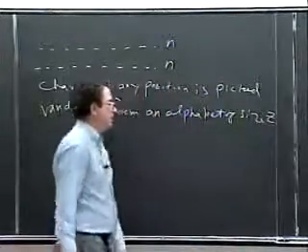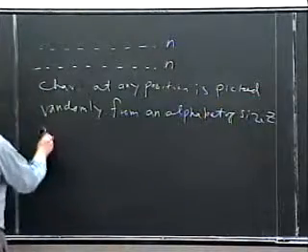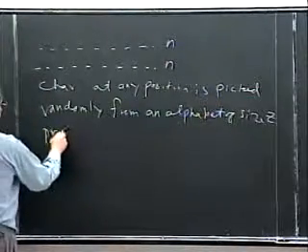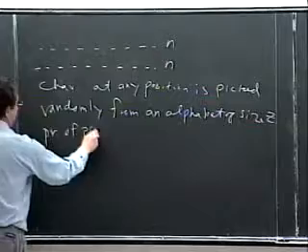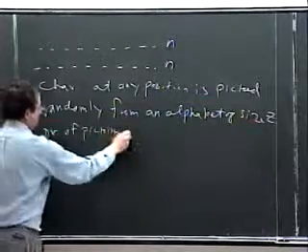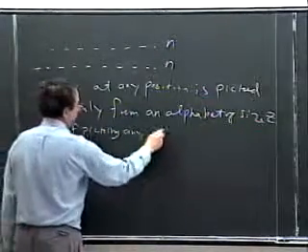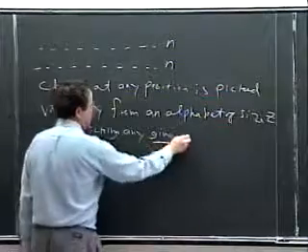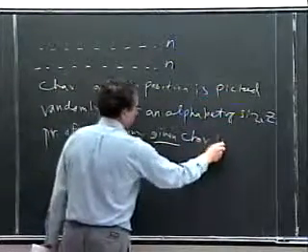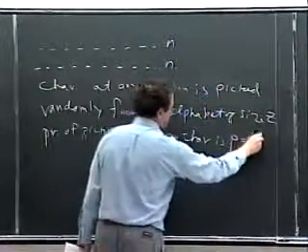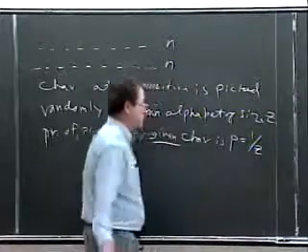Okay, so z characters. So the probability of picking any specific character, any given character, is of course just 1 over z.